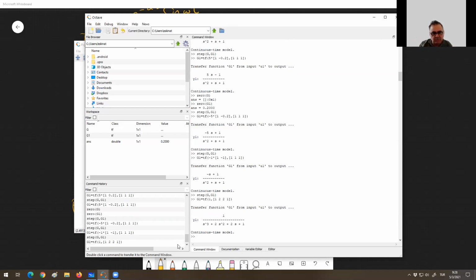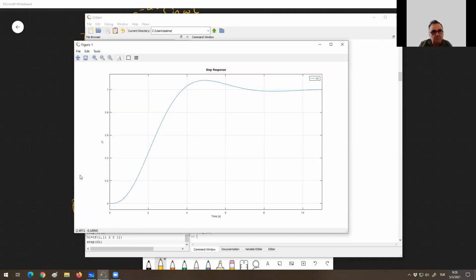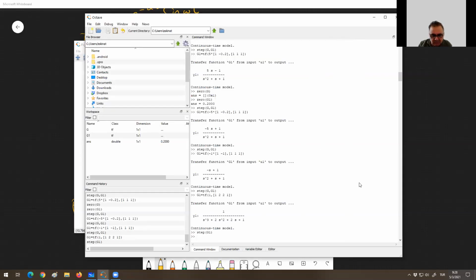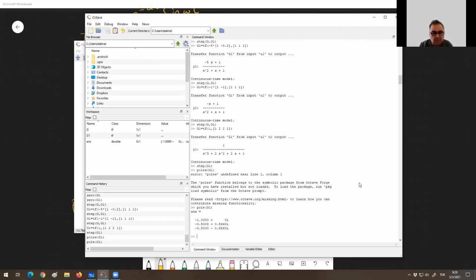This is a third order system. Let's see how it responds. This is V1, right? It almost responds like a second order system actually. What are its poles? V1. Well, I should say pole, I'm sorry.